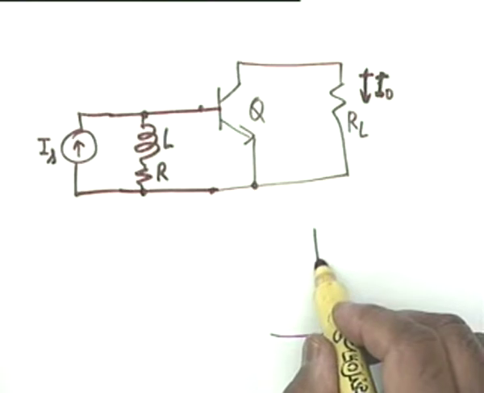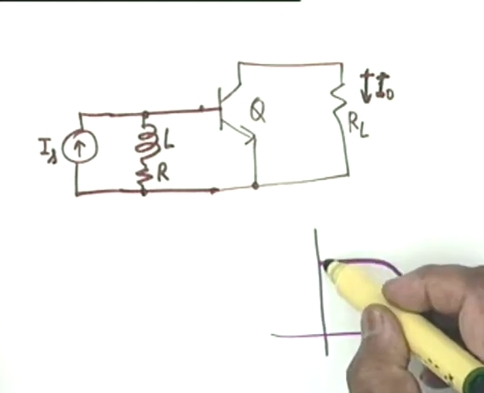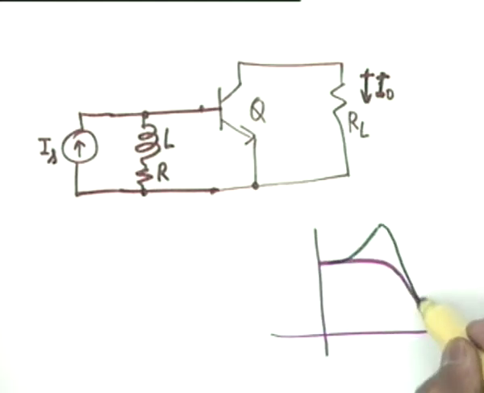We will attempt to make it maximally flat like this. What should occur with a careless design is maybe something like this, that there is a peaking and then it comes down. We don't want this. We want as flat as possible. Okay? We'll see this. Number 2, why a parallel LR? Why not a series LR?